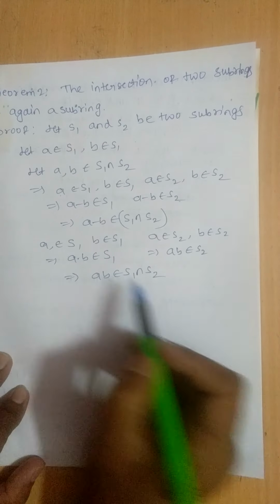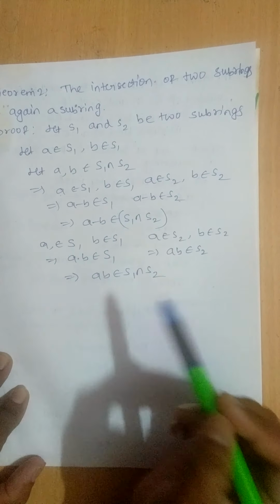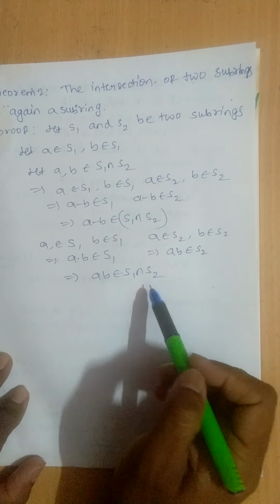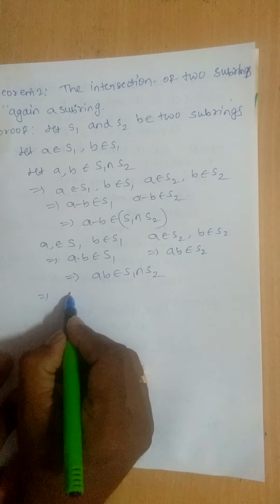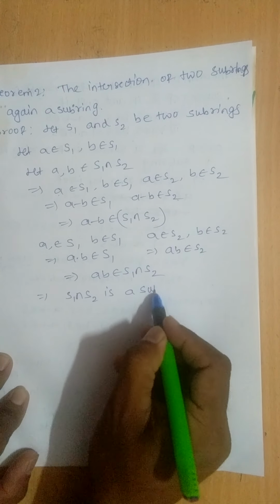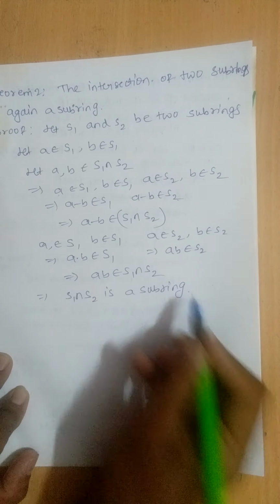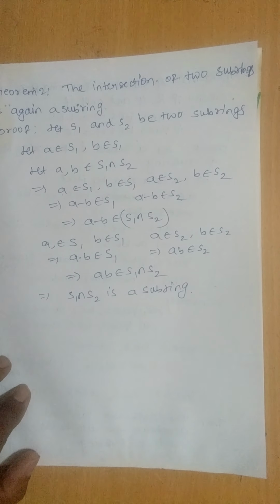Therefore, again by the previous theorem, S1 intersection S2 is a subring. Very simple theorems are there.